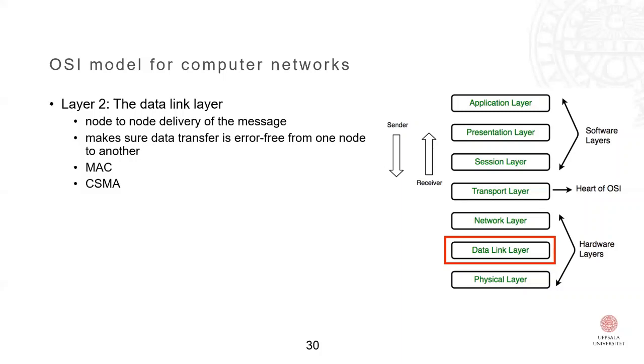It is what we talked about when we talked about LANs and MAC addresses and collision detection, etc. So in that part, we talk about node-to-node delivery of messages. How should we send the data? What should we do if a collision appears? In the physical level, for example, they don't care about collision. They just care about sending the data in terms of waves and signals.